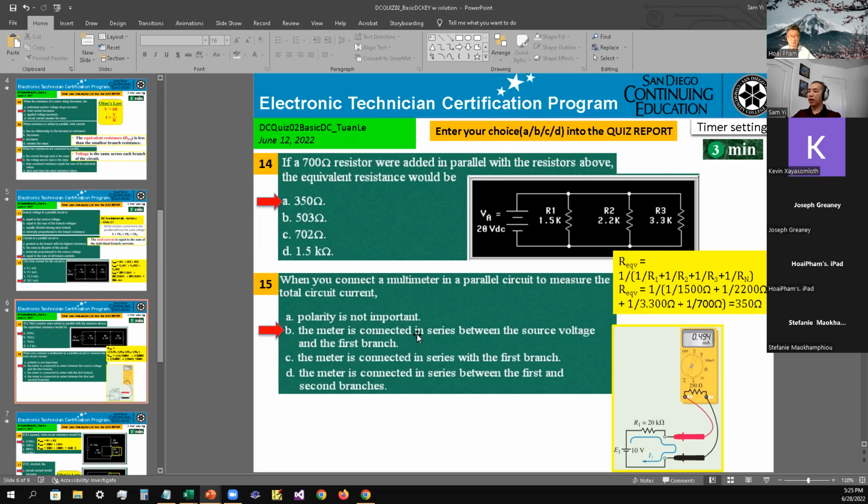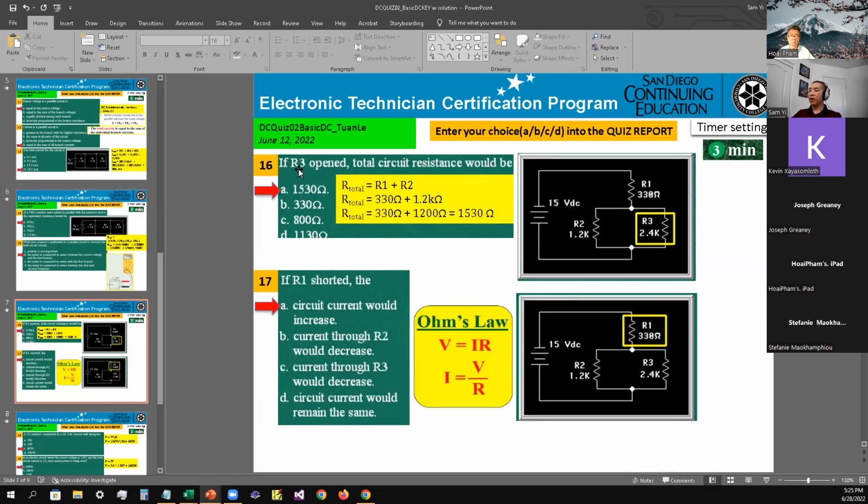The meter is connected in series between the source voltage and the first branch, as I showed on a series circuit. Any questions on number 14 or 15? Okay, no question. Next set.